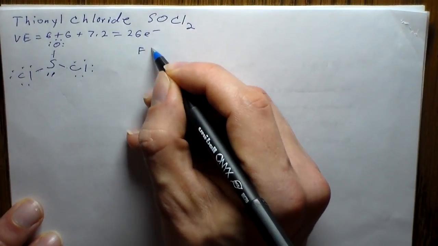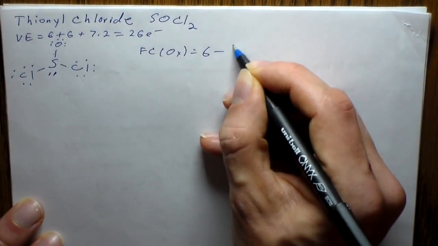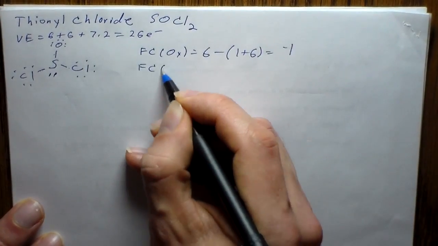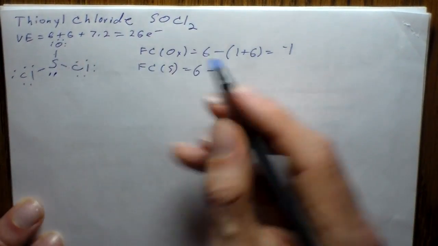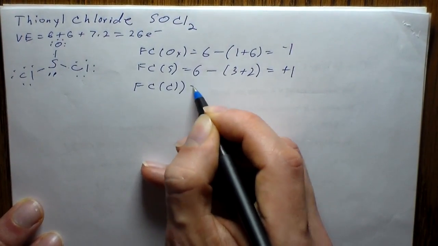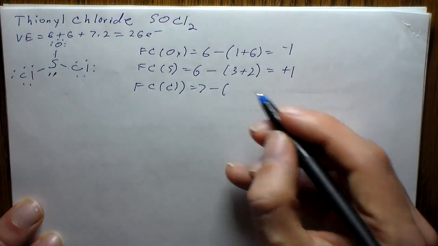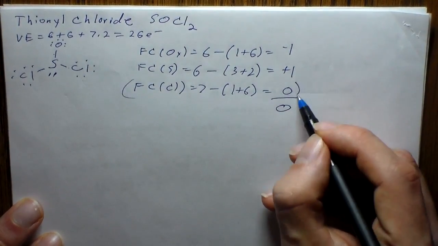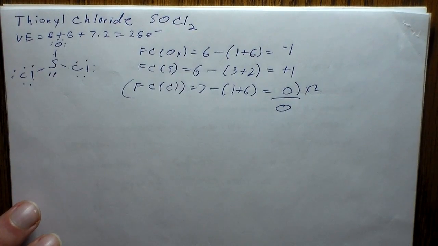My formal charges on my oxygen, 6 minus, and again, 1 line and 6 dots. On my sulfur, 6 minus, and there's 3 lines and 2 dots. And the formal charge on my chlorines, each of them, and there's 1 line and 6 dots. Add that up, and that's going to be 0. And of course I have 2 chlorines, not that it really matters.